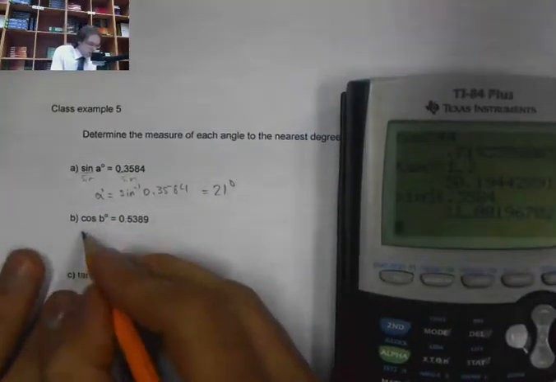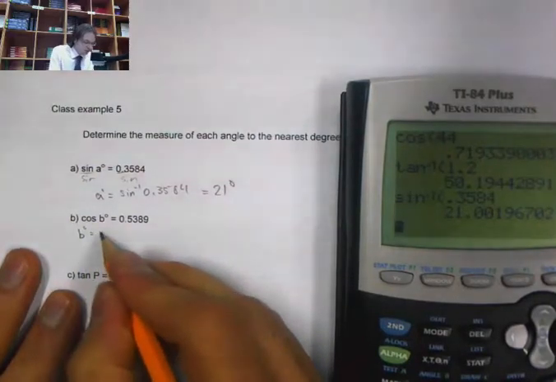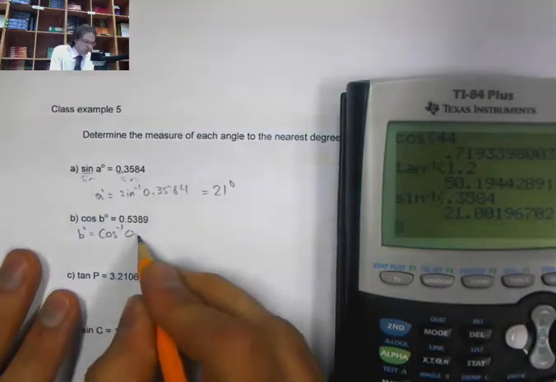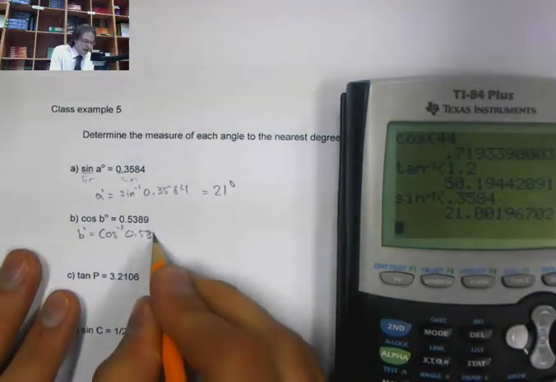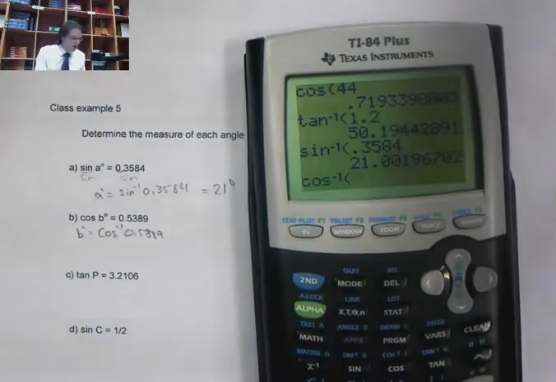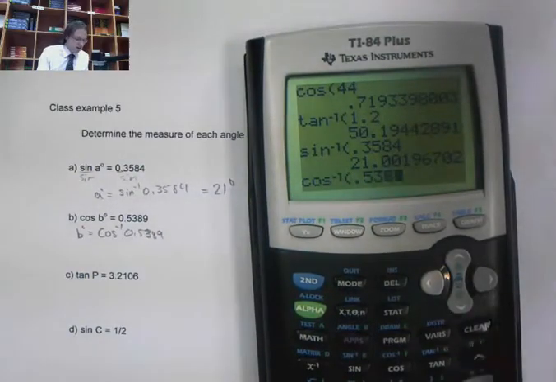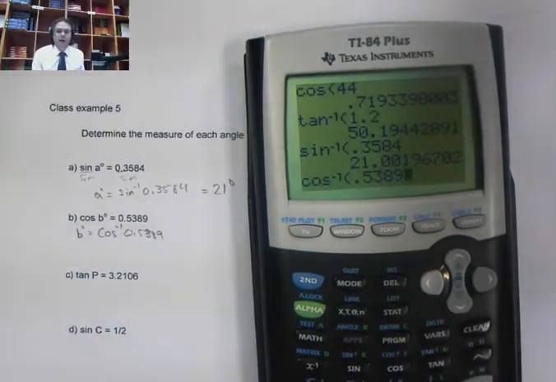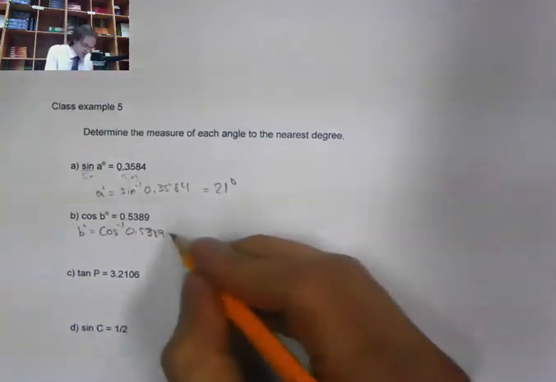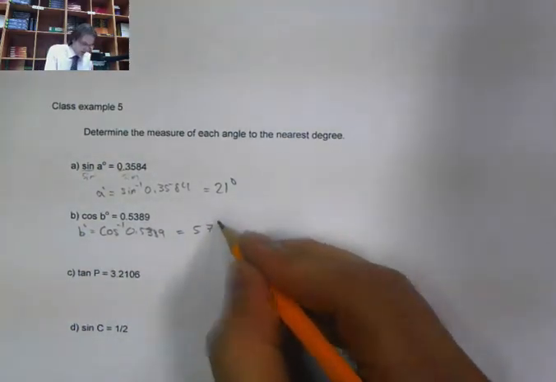So the next one here, we want B is equal to the inverse of cos, and we want 0.5389. Let's try that out. So I'm going to go second cos, 0.5389. Enter. I end up getting 57 degrees.